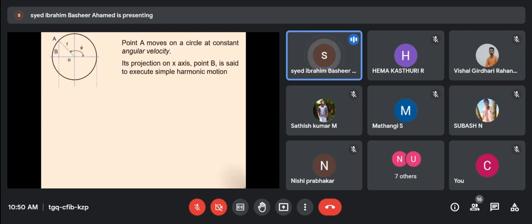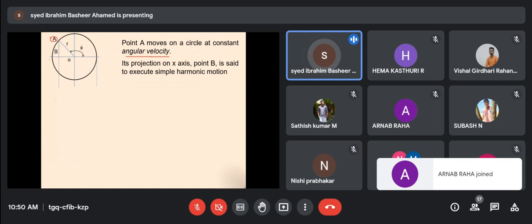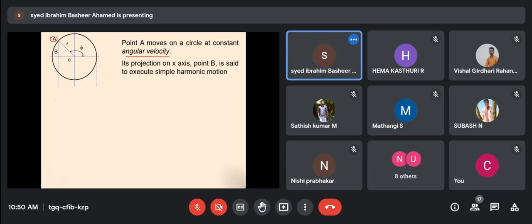So assume that point A moves on a circle at constant angular velocity. So here you have A, which is moving along the circle at constant angular velocity. Its projection on the x-axis, point B, is said to execute simple harmonic motion.